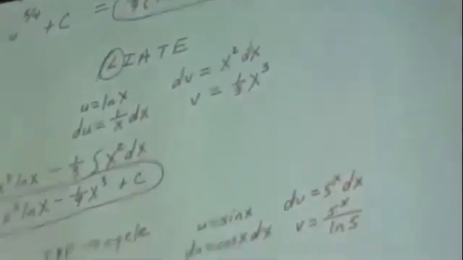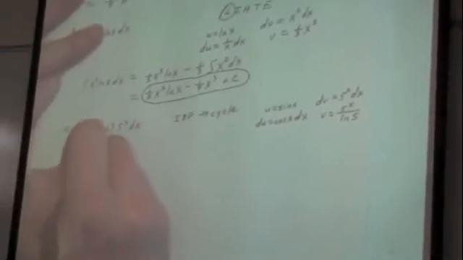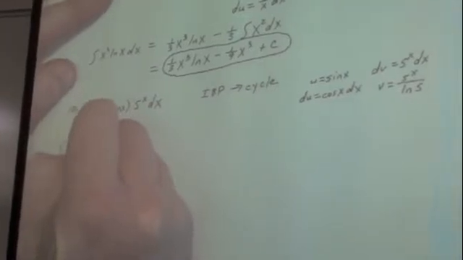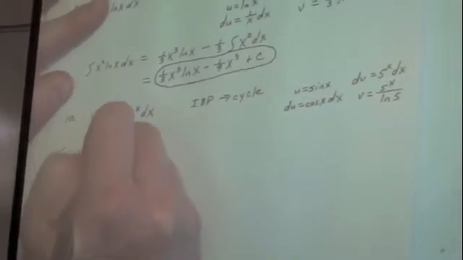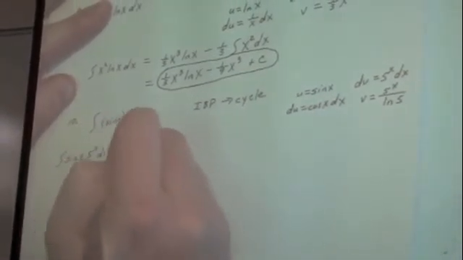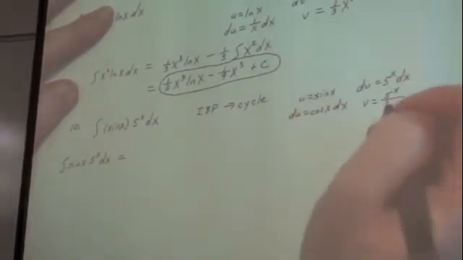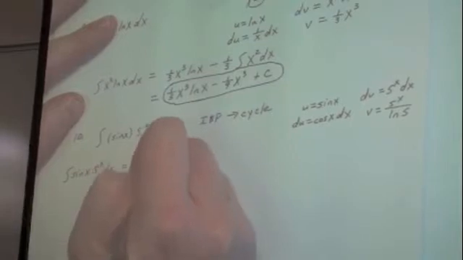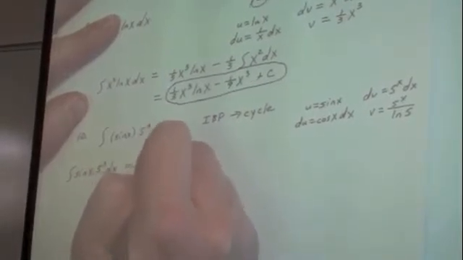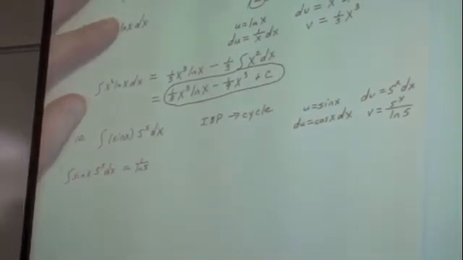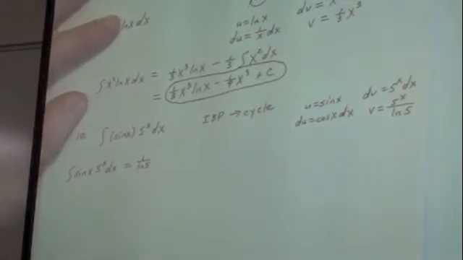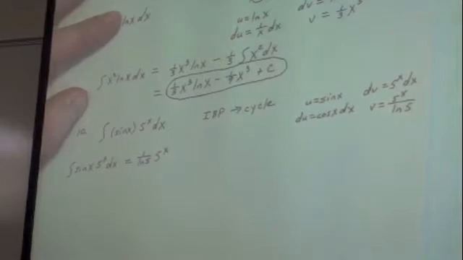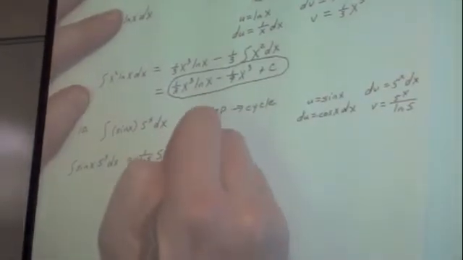Okay, so now I know that this integral of sine of x, 5 to the x dx is equal to u times v. I'll say that's 1 over natural log of 5, because that's a constant coefficient, times 5 to the x times the sine of x.